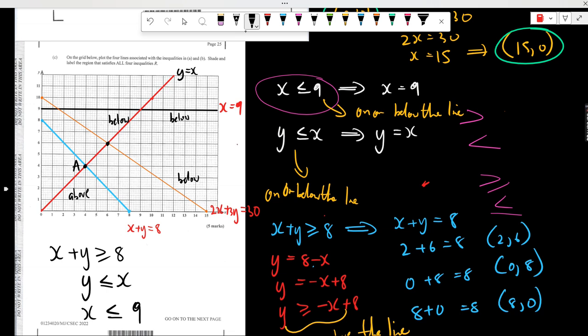So again, we have to be below the red line, below the orange line, below the black line, and above the blue line. So we're talking about this region here. That is our region. Okay? Yes, sir.